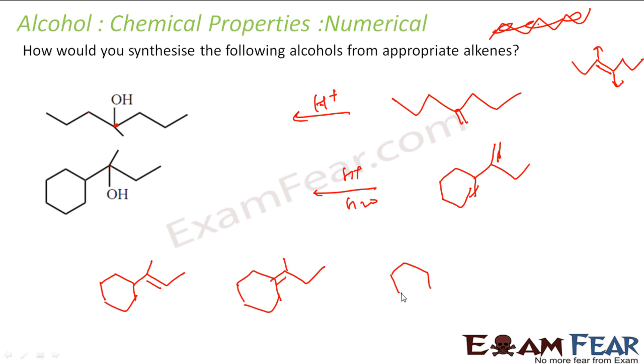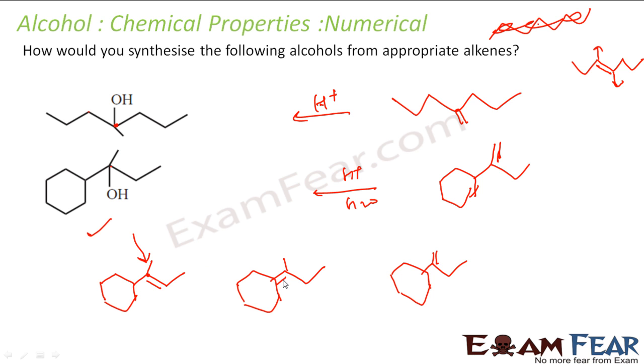And one option is this, double bond here. If you see here, this carbon has 0 hydrogens, and this has 1 hydrogen. So OH will definitely join here. This is the correct scenario for us.